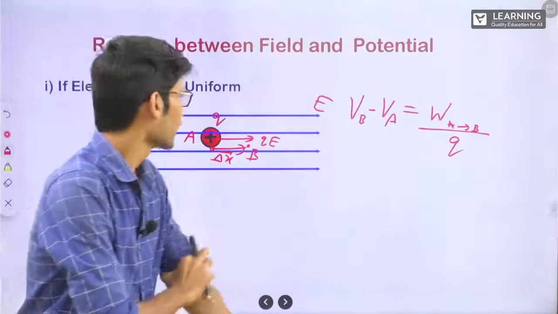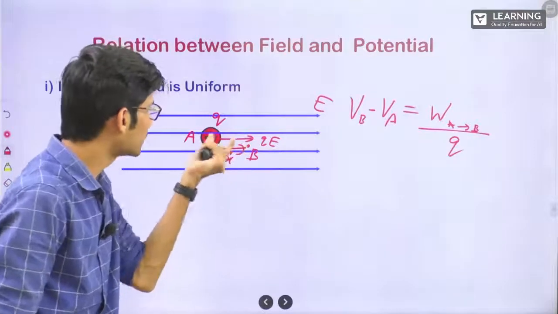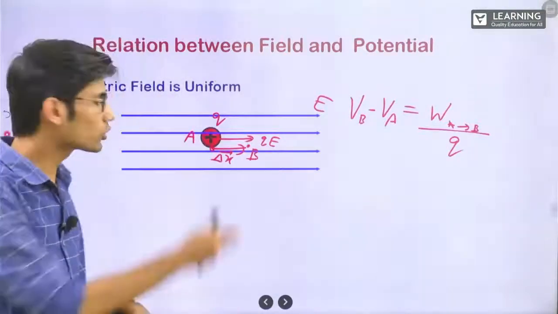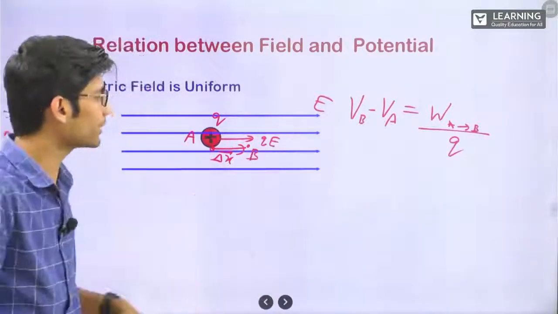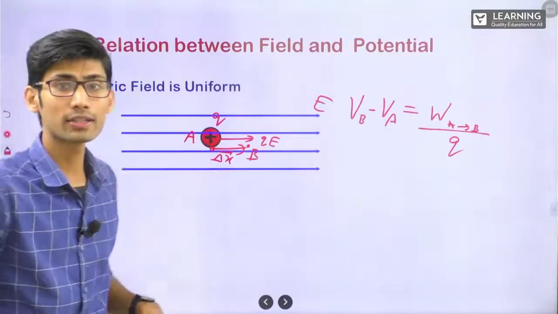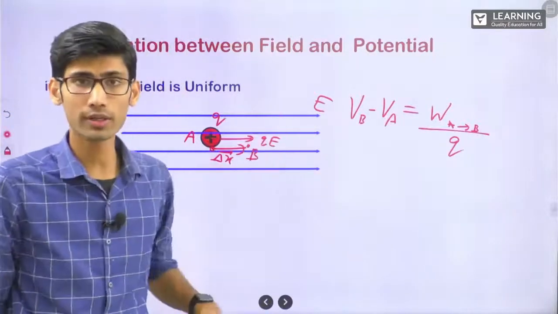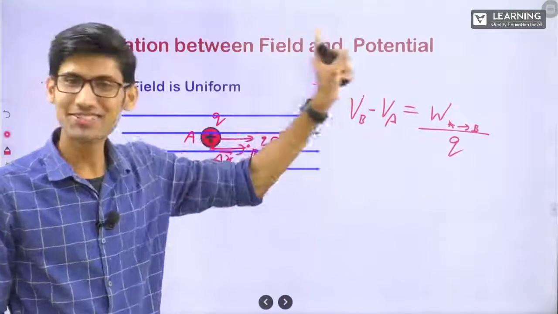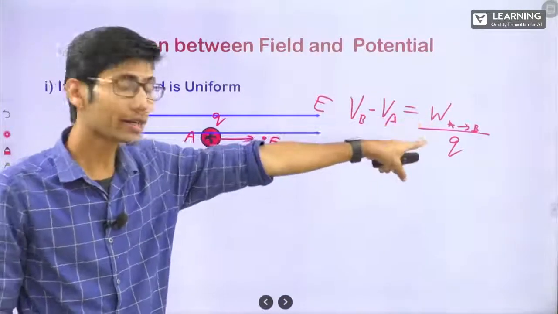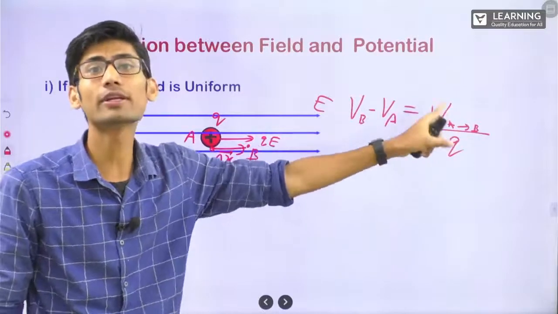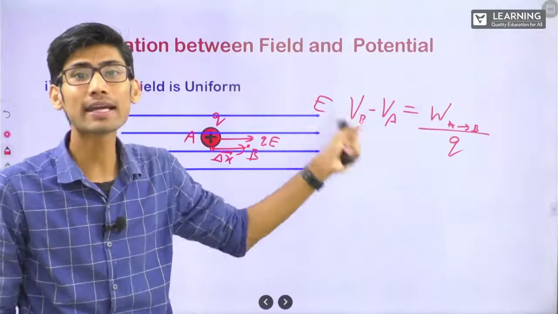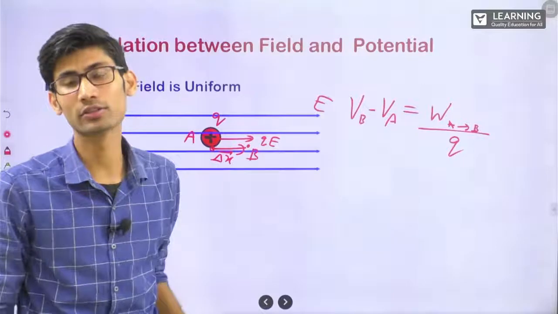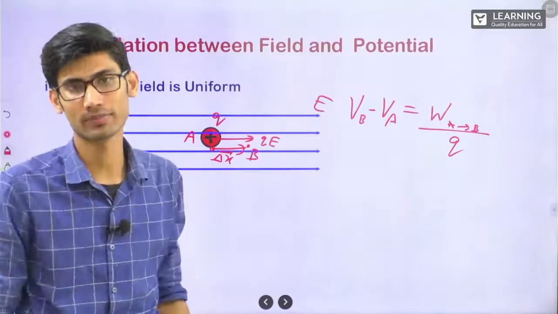Now, here if you see, this QE force is this side. So the QE force itself is taking this charge from A to B. What is the need of external agent? External agent is not required, is it? No. By definition, this change in potential is work done in taking the charge from A to B per unit charge without the change in kinetic energy.